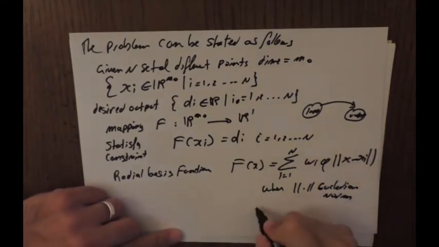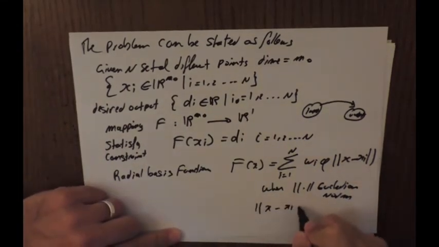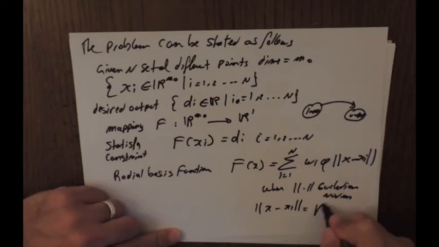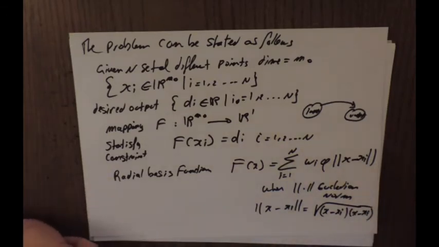The Euclidean norm of x minus xi is equal to the square root of (x minus xi) transposed times (x minus xi). Okay, these are all vectors.